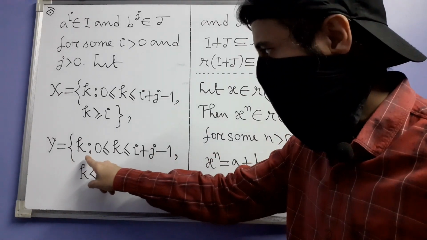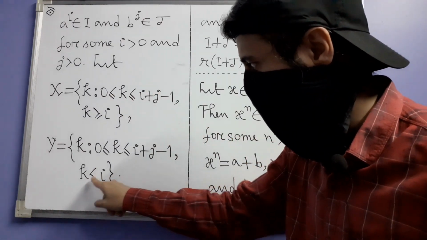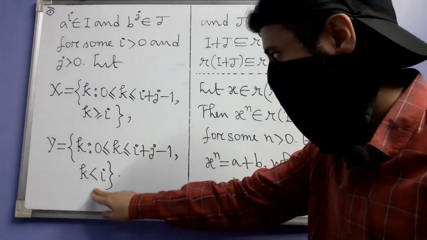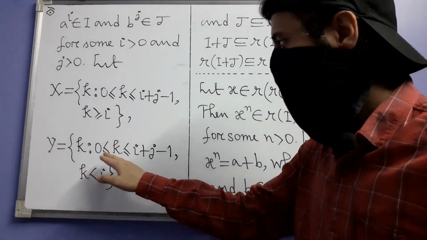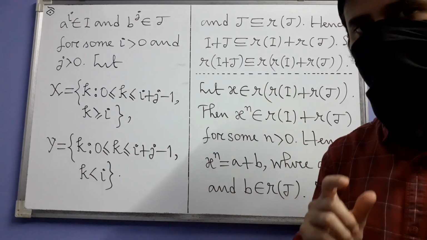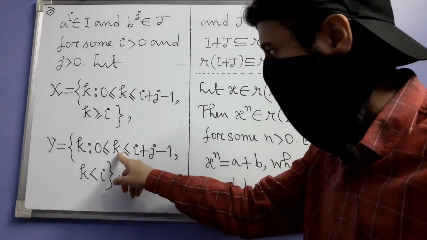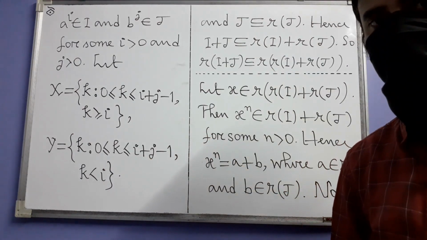In the set y, this part is the same as that one, but this time k is less than i. So from these two conditions you can clearly see that x and y together form a partition of the set of all non-negative integers less than or equal to i plus j minus 1.